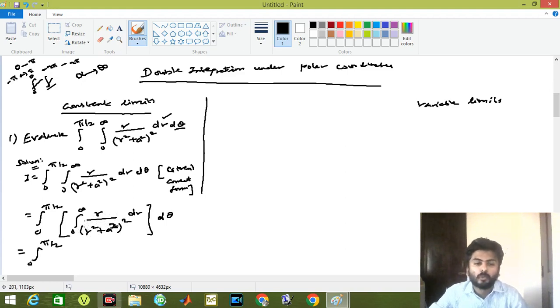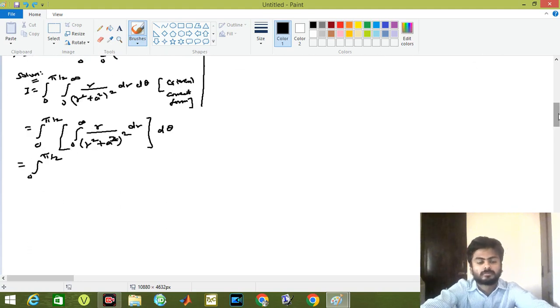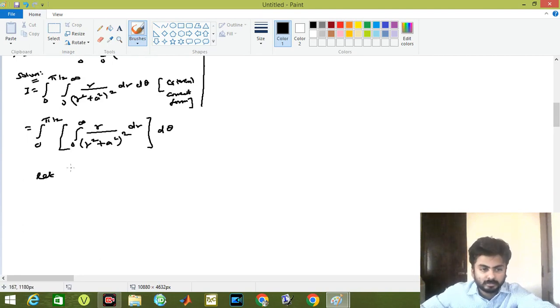So what I am telling is, let r square equal to t, then 2r dr equal to dt.